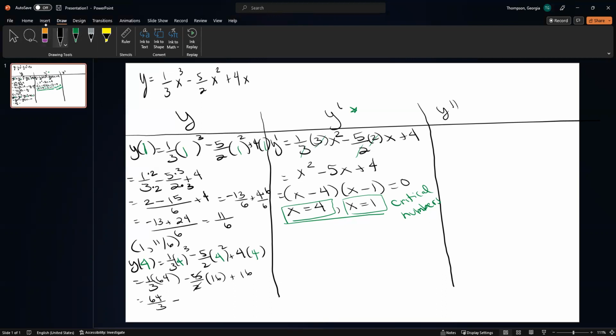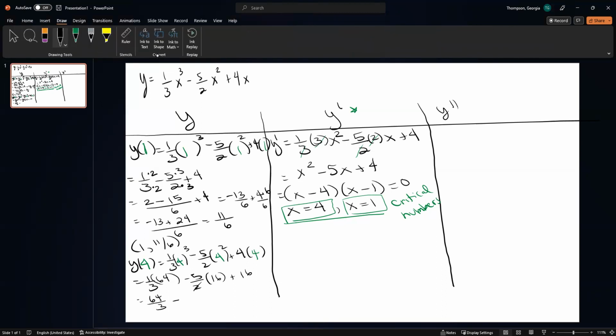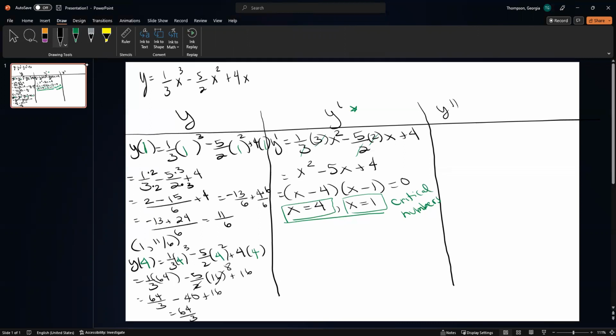Oh, sorry. This cancels with an 8. So I'm going to have minus 8 times 5, which is 40, plus 16. And that will give me minus 24. So then I need to multiply by 3 on each side to get 64 minus 72 over 3, which will give me -8 thirds. So my other point is going to be 4 comma -8 thirds.